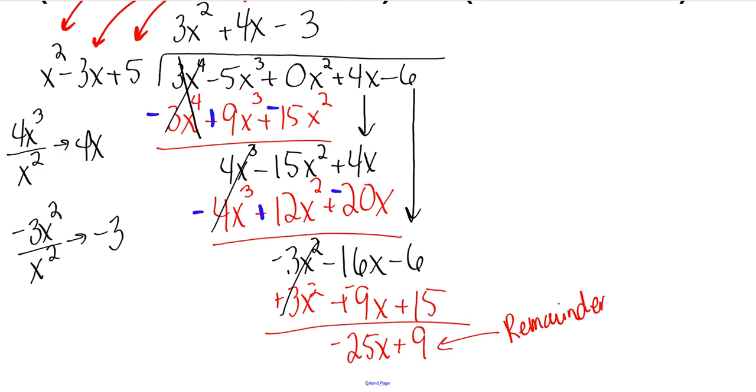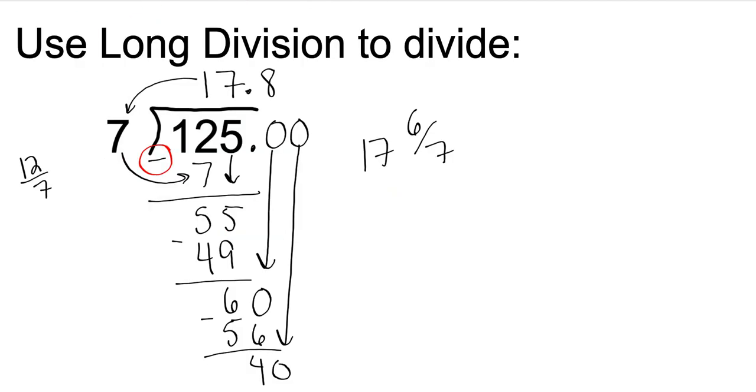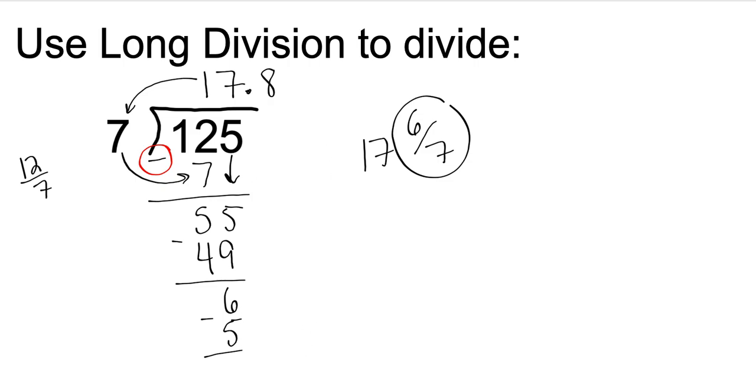Okay, so in polynomial division, when you have nothing else to bring down, you're done, and you need to write your remainder. So remember how we wrote our remainder on the last one, like this, as a fraction, 6 over 7. Let me get rid of some of this stuff to remind you. We were left with the 6 there.